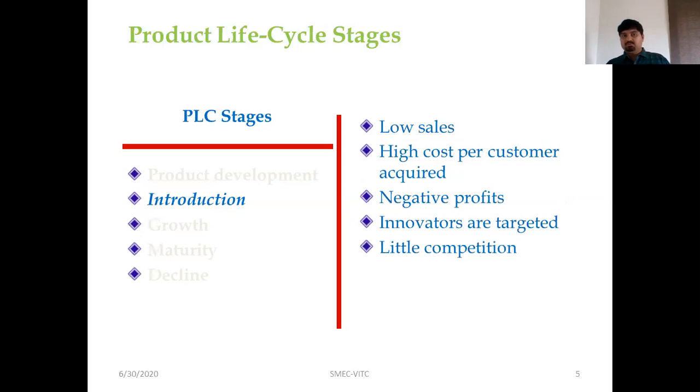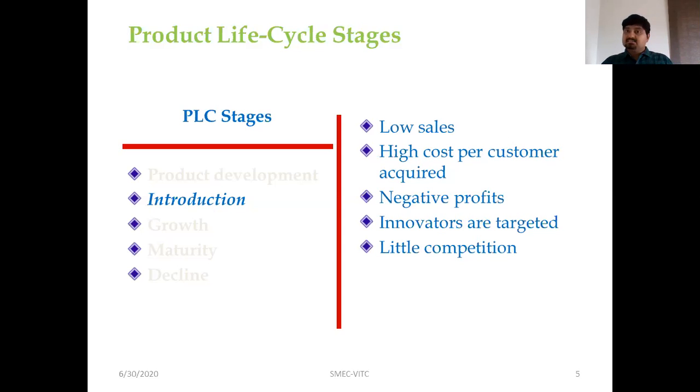Coming to the second phase, which is called as the introduction phase, where you could introduce your product into the market. There are customers who are coming and asking for this product, and there might be low sales, and in order to get every customer to come and again ask about this product, you may have to spend a lot of money for advertising, promotional activities, so we could consider it as a high cost for every customer who is coming and asking for this product.